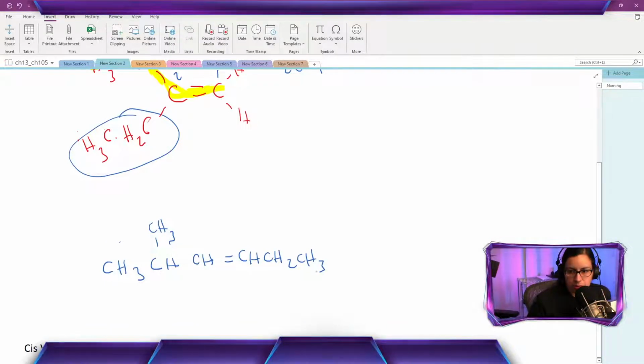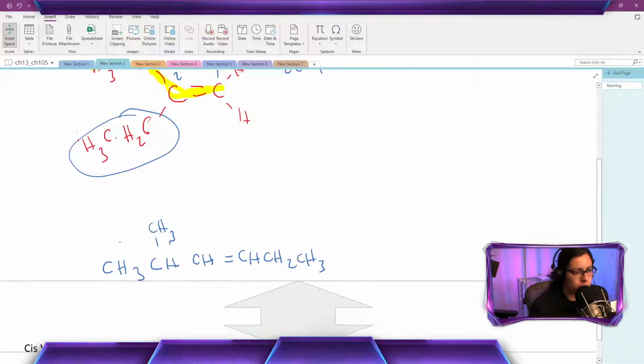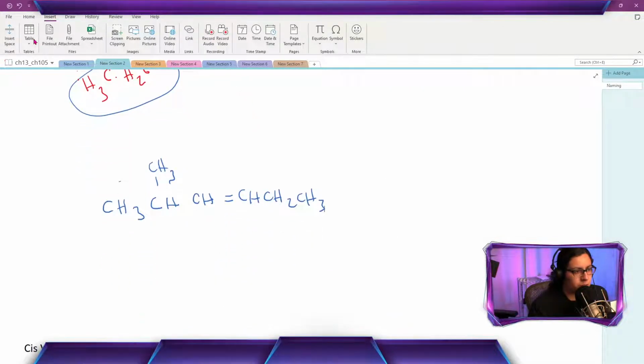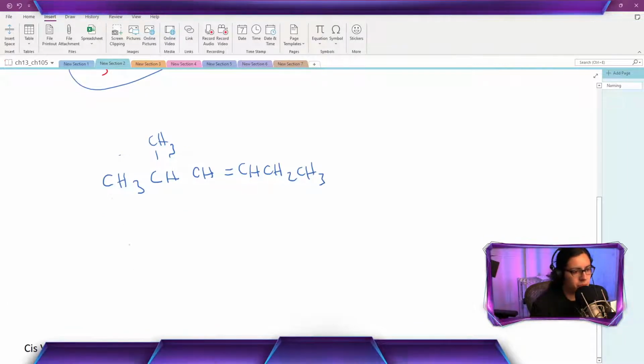The other thing that you want to get good at is taking an abbreviated structure and translating it into more of its 3D geometry. And so you could just redraw this out so you can clearly tell which carbons are bonded to who.